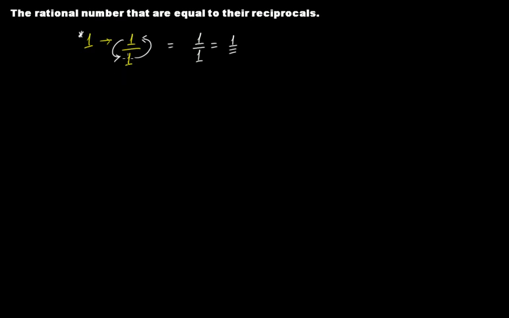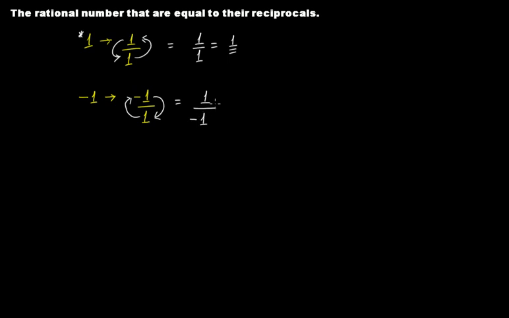Now there can be another number. Pause and think what that number can be. That number will be -1. Why? Because -1 can be written as -1 divided by 1. You divide any number by 1, you are going to get back that number only. Now, if you have to write its reciprocal, you have to interchange the position of the numerator and the denominator. So this number becomes 1 over -1.